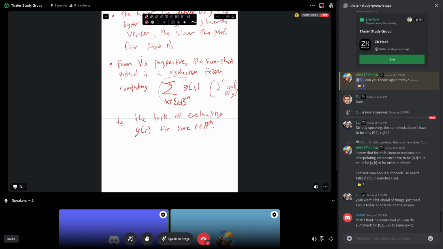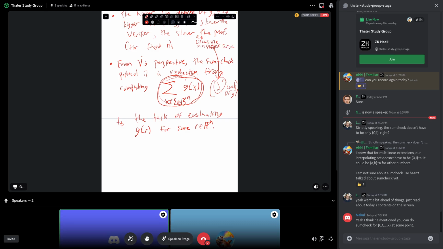If the verifier were to compute this sum directly, it involves 2 to the n evaluations of G. That's a lot of evaluations of G. In applications, often this 2 to the n would be the size of the circuit. In a SNARK for circuit SAT, often the sum has one term per gate in the circuit.